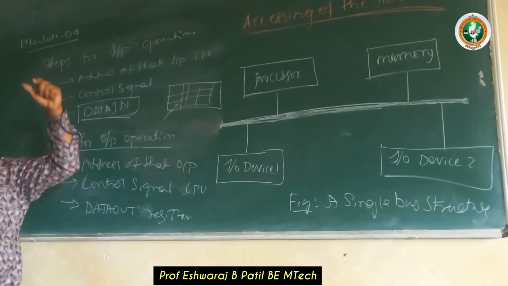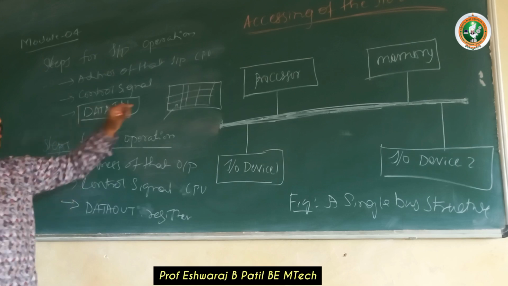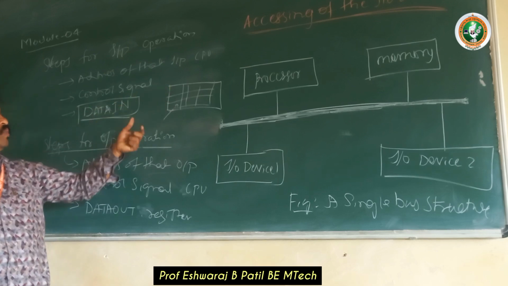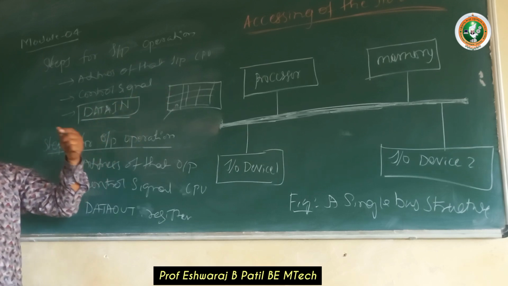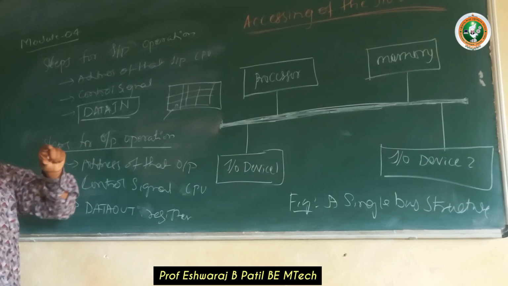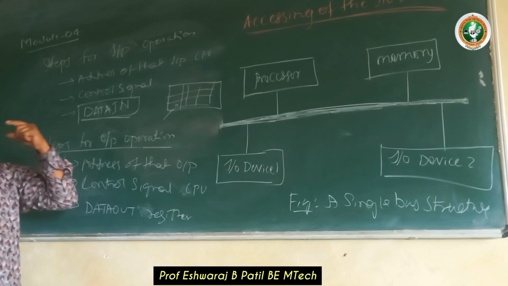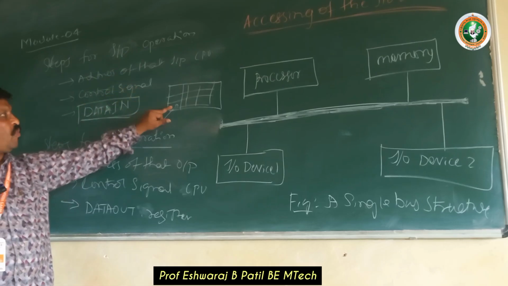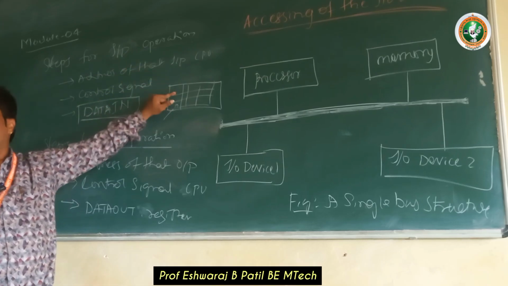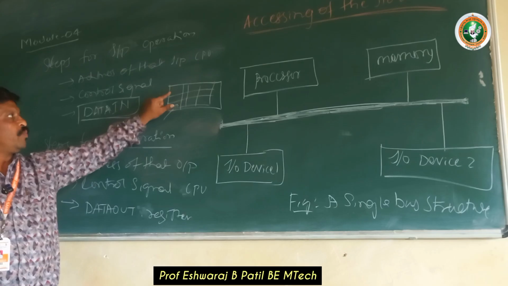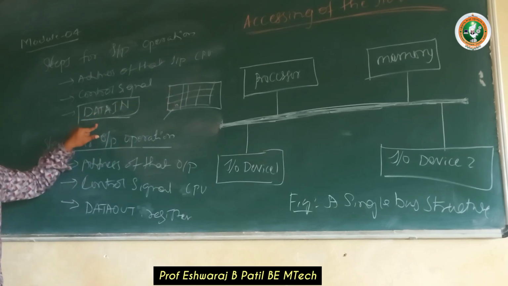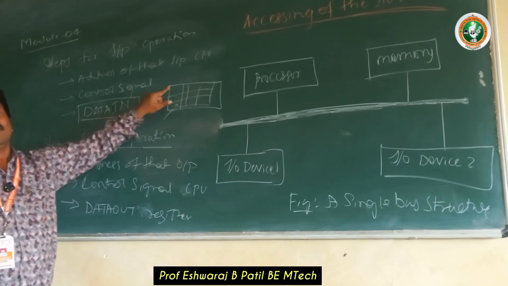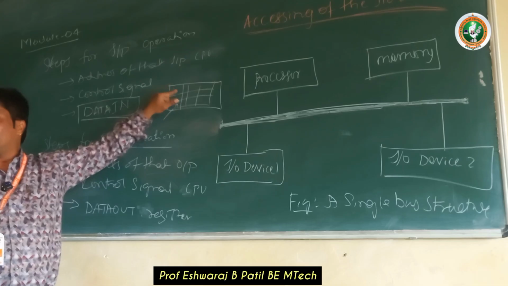If any character is there, it is converted to machine level language with the help of the processor. Before any data from the input device proceeds, it is communicated through the data in register. This is present in the keyboard, which is an input device.